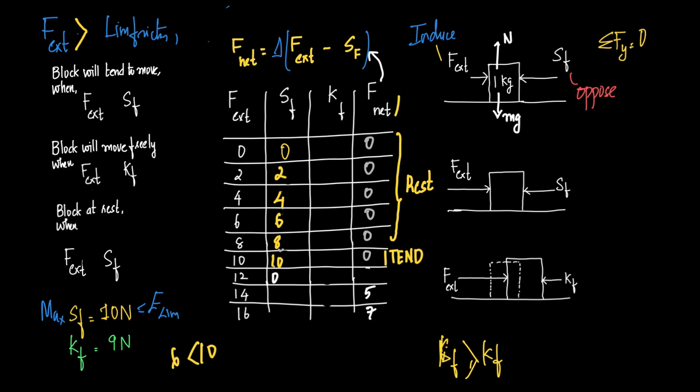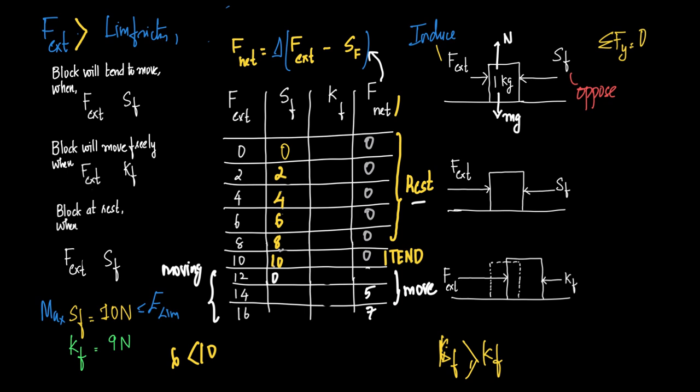No. Why? Because we also have something called kinetic friction. Say in this case, for example, it is 9 newton. Since the body has started to move after this condition, it goes from rest, to tending to move, and then it moves.